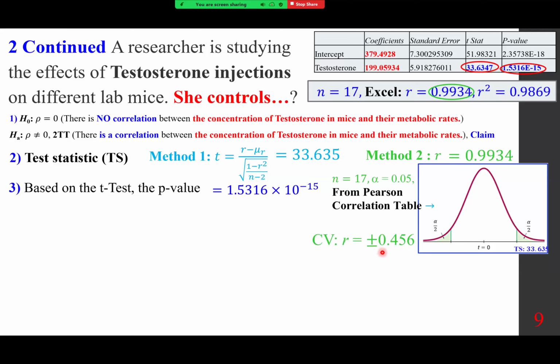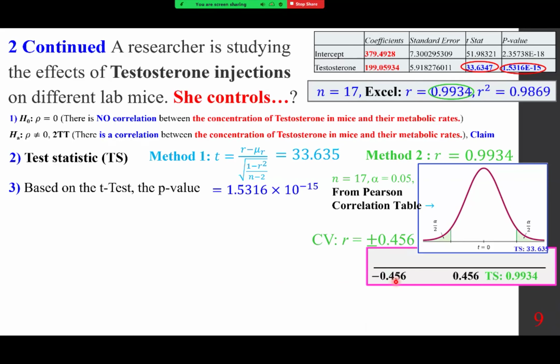It results in plus minus 0.456. And if you draw a line, here's negative, here's positive, and this R is way larger than the positive 0.456. This number is way into the rejection region.